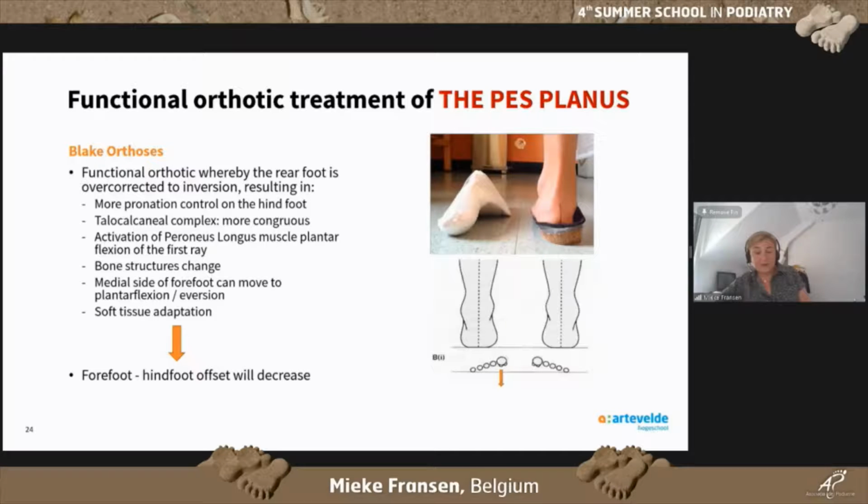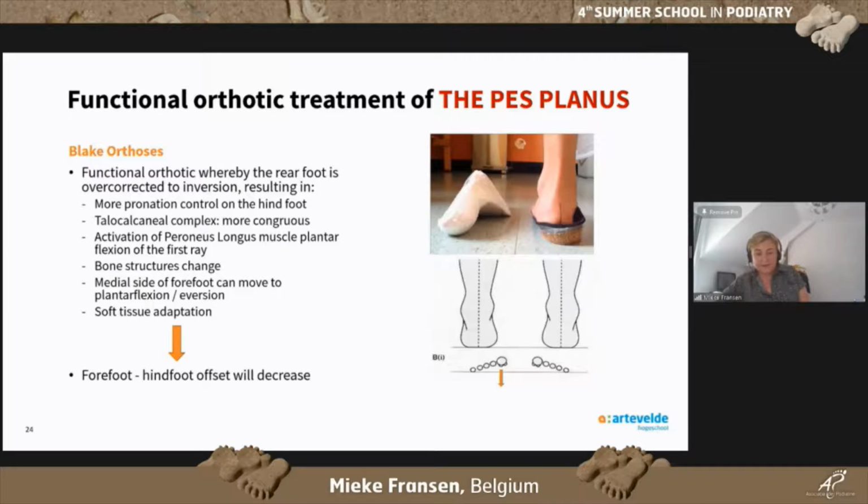This insole can be handmade, starting from a plaster cast or designed starting from a 3D scan of the foot. And this extreme overcorrection will provide more pronation control in the hind foot, but will also activate the peroneus longus muscle, which attaches to the first ray, the forefoot, and will cause plantar flexion, so it will bring down the first ray, as you see here in this picture.